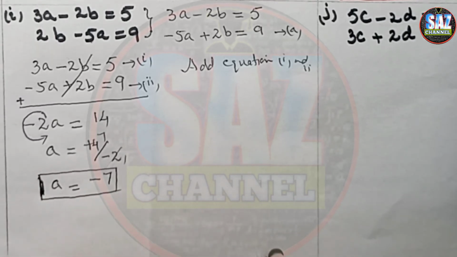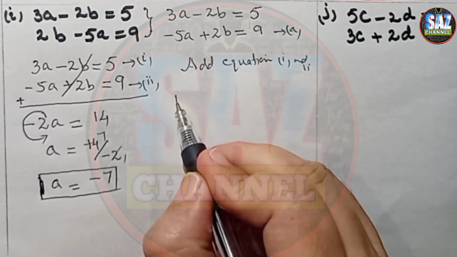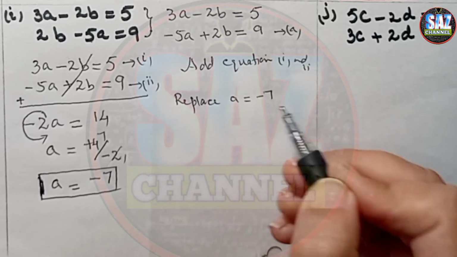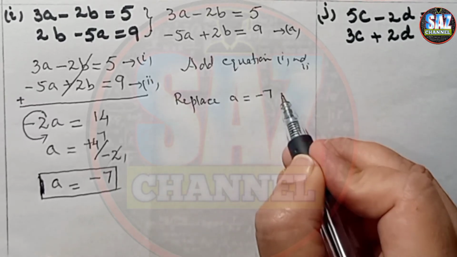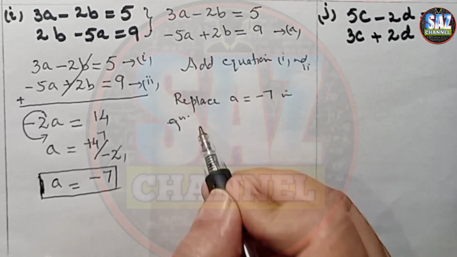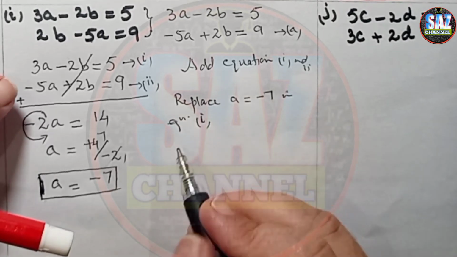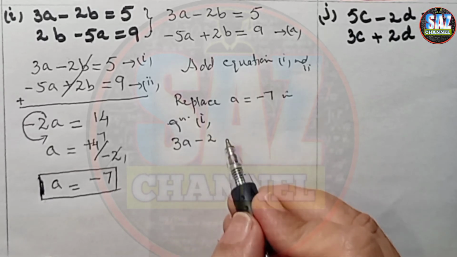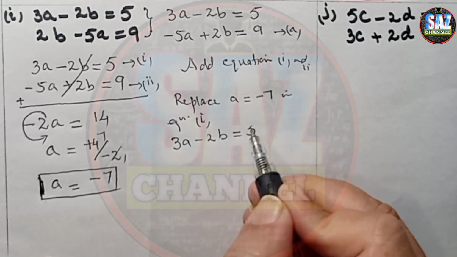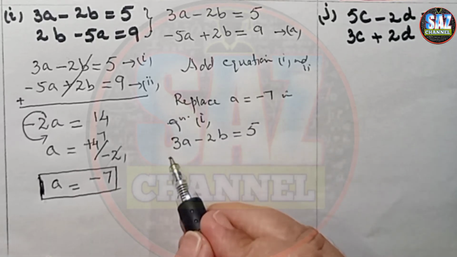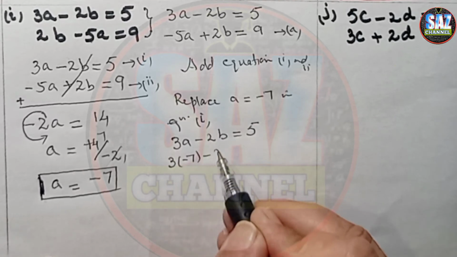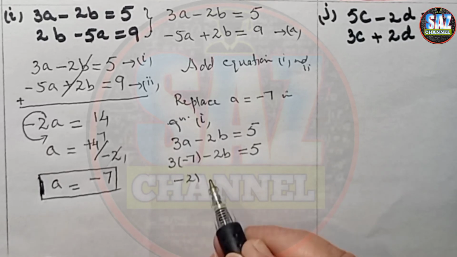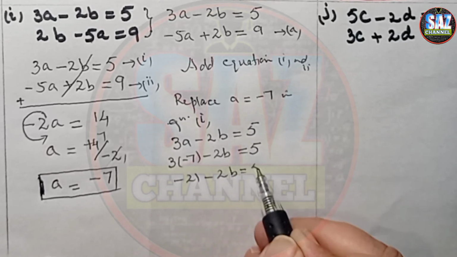Now I have to replace a equals minus 7 in equation 1. The equation is 3a minus 2b equals 5. A has the value minus 7. So 3 into minus 7, minus 2b equals 5, and minus 21 minus 2b equals 5.